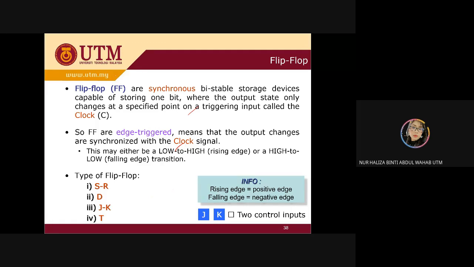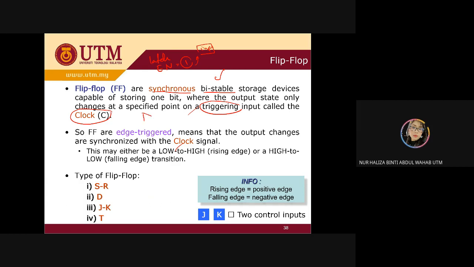You can see flip-flops are synchronized by a clock. This one is also very important, and you can see there is a trigger. Last time our trigger for our latch was EN. When EN is 1, it's going to trigger and look into your input. But for a flip-flop, the trigger is the clock.